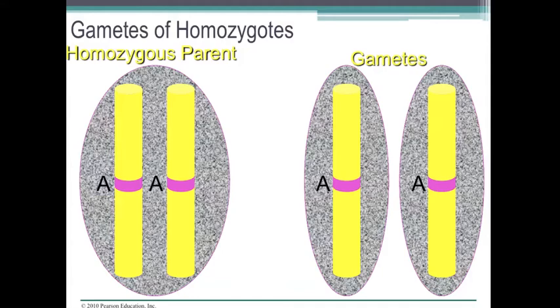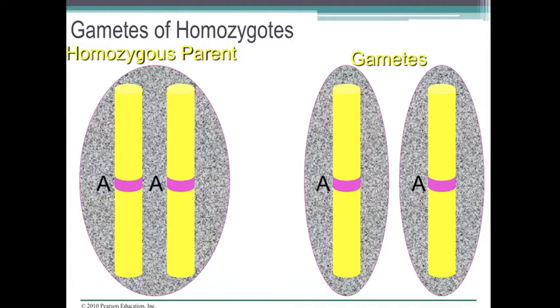are in the gametes. This is a homologous pair because they're the same chromosome, and it's also homozygous because it has the same allele on the chromosome.